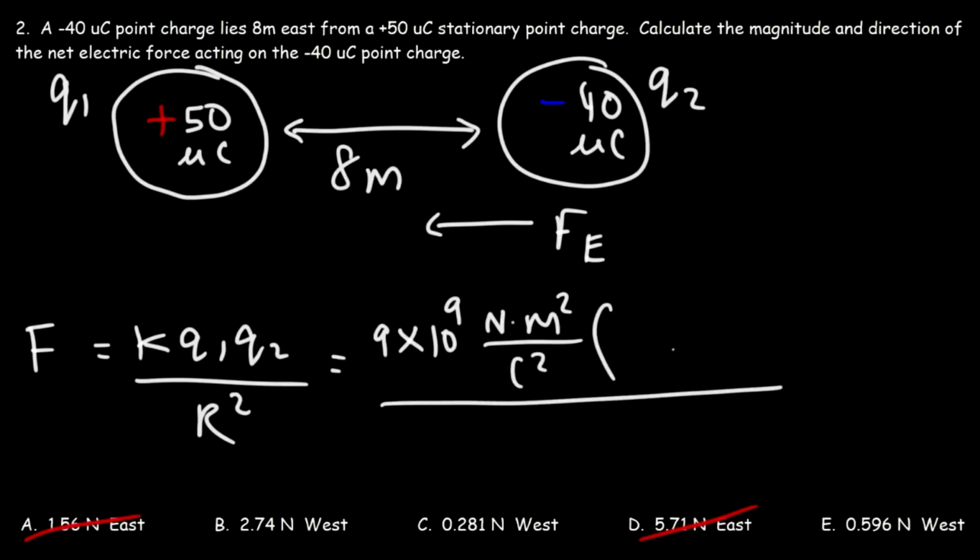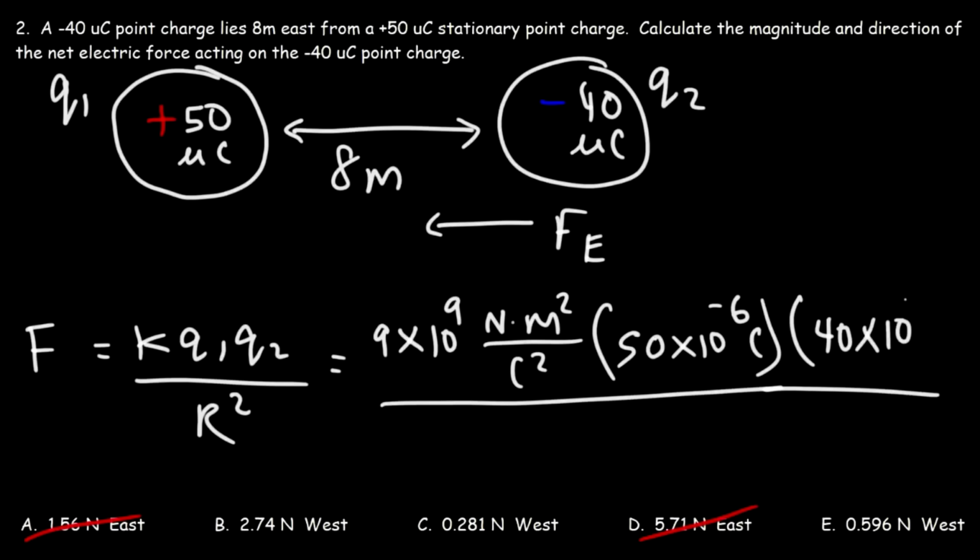And then we have Q1, which is 50 microcoulombs. So keep in mind, a microcoulomb is 10 to the minus 6 coulombs. And then Q2, don't worry about the negative sign. It's going to be 40 times 10 to the negative 6 coulombs. Since we already figured out the direction, we don't need to worry about the negative sign.